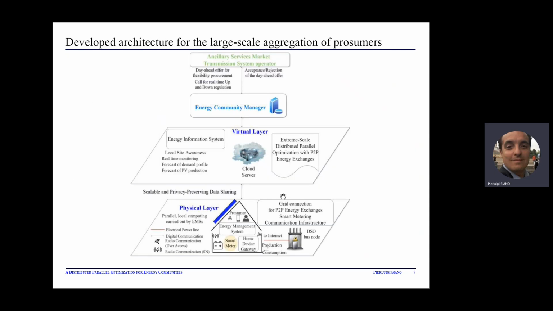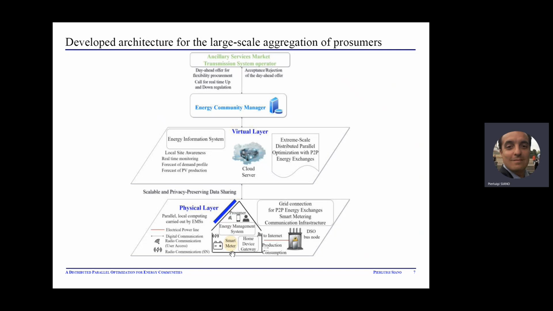In order to implement the distributed parallel optimization and allow the exchange of energy data among all the prosumers, distributed intelligent devices based on information and communication technologies should be used. It is assumed that all prosumers are endowed with a home device gateway, smart meter, and an energy management system that is implemented on hardware devices such as a Raspberry platform.